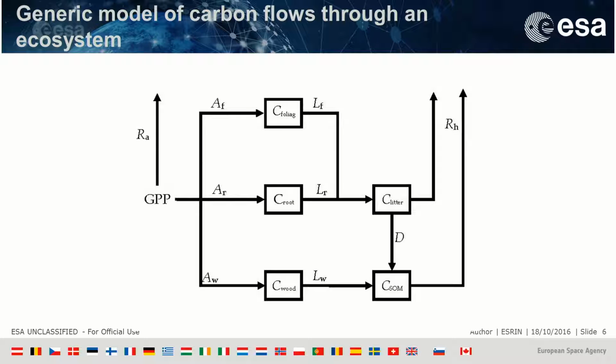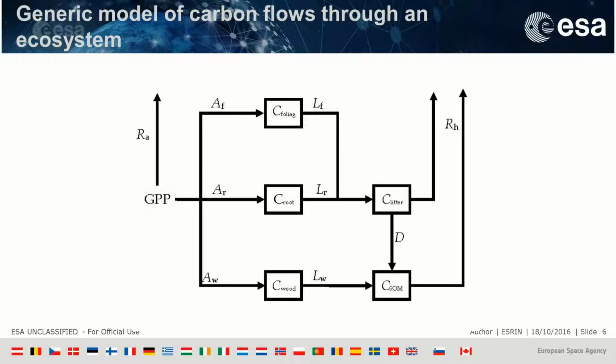Now, if we're going to talk about any carbon model and flows through any carbon model, it looks something like this. If you're going to construct any model for the terrestrial case, I'm not going to talk about the oceans because I'm not really competent to do it very well.